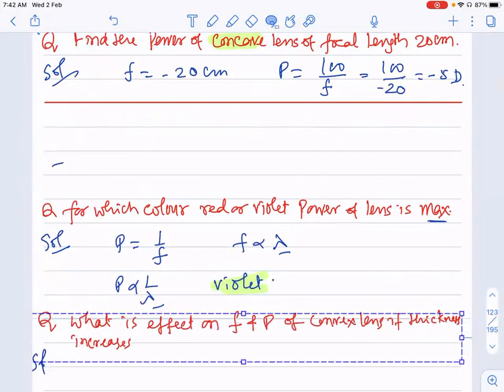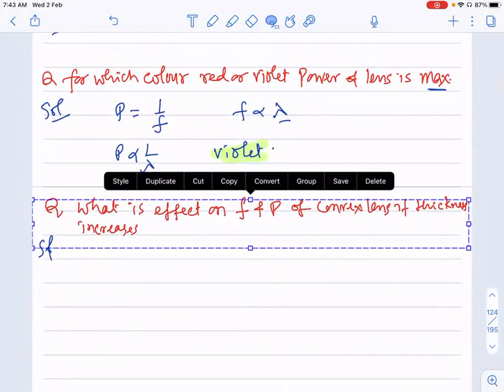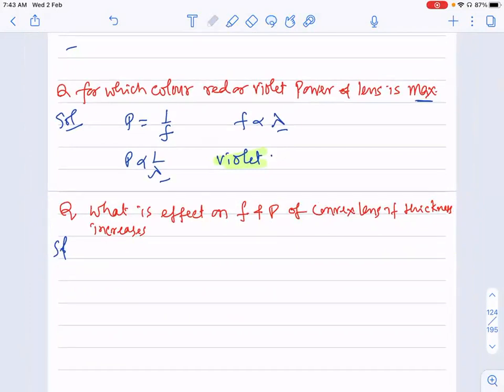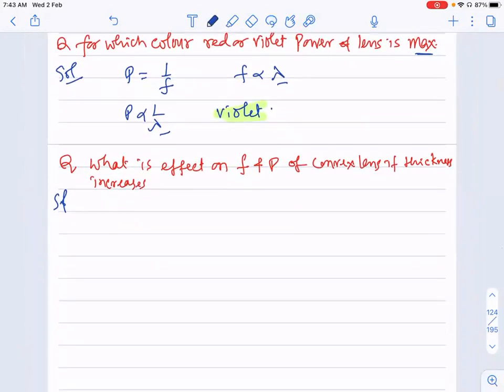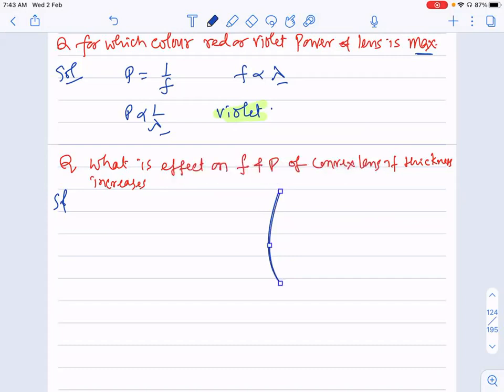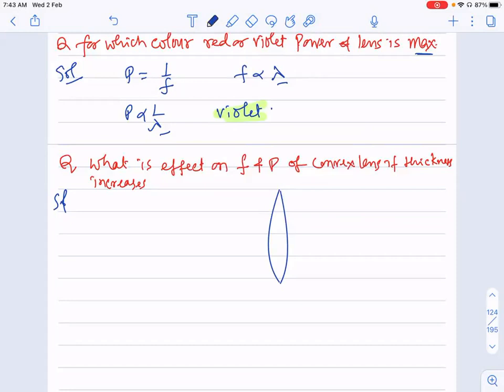Can you think this question? जो अगर हम थिकनेस बढ़ाते हैं, पहले थिन लेंस है, ओके, तो वी हैव टू सी द रेडियस ऑफ कर्वेचर्स. ये थिन लेंस है, ठीक है, और थिक लेंस में रेडियस ऑफ कर्वेचर पे क्या इफेक्ट होगा?